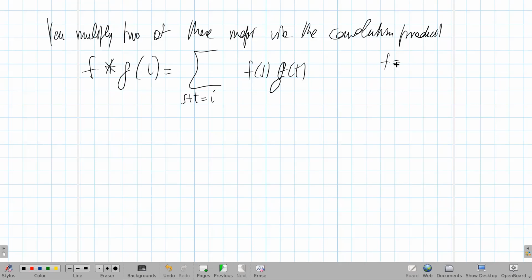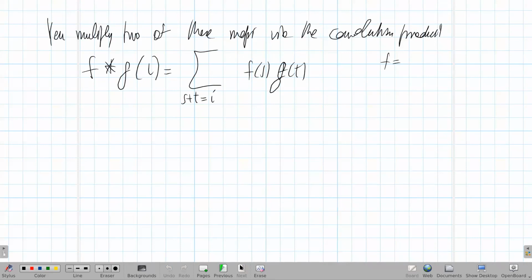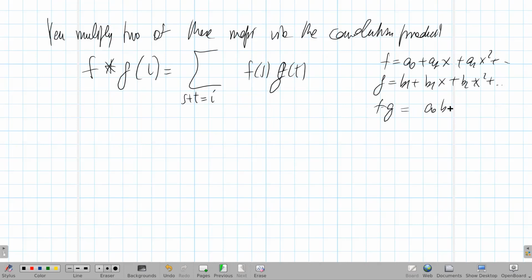So if this vector here really represents a polynomial, let's say a0 plus a1 x plus a2 x squared and so on, and if g is b0 plus b1 x plus b2 x squared and so on, how do you multiply this? The product is a0 b0, and then a0 b1 plus a1 b0 times x, and so on.